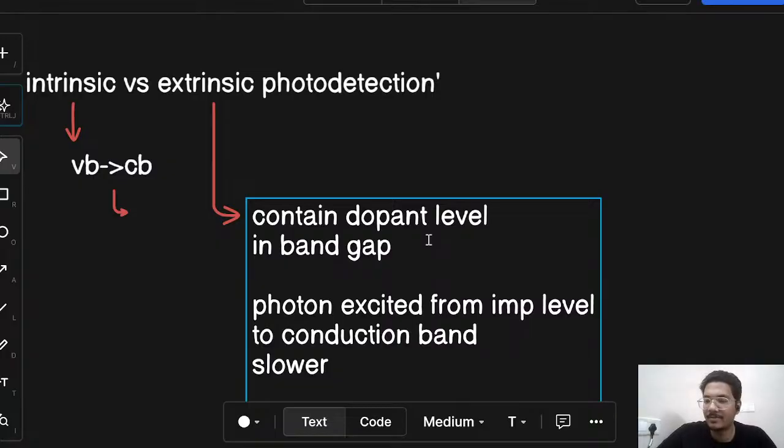Then germanium and III-V photodiodes. Because second generation systems use a longer wavelength, materials with a smaller band gap are needed.